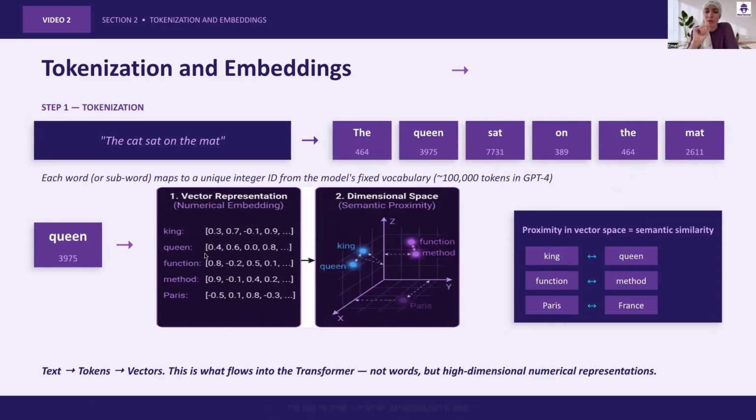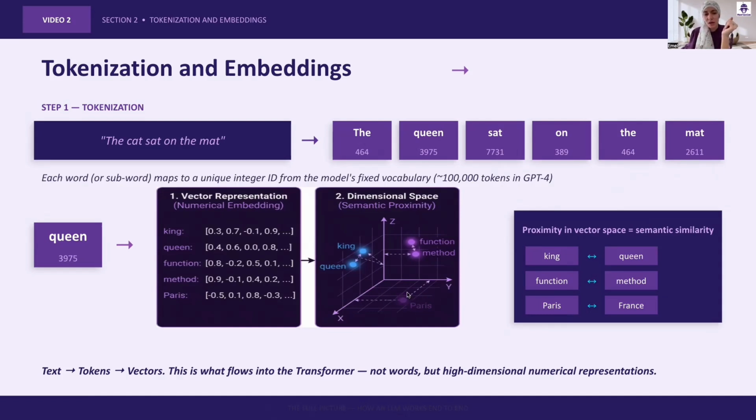You can think of an embedding as a coordinate in a very high dimensional space where tokens with similar meanings sit close together. For example, if we take king and queen, they have embeddings close to each other. Function and method in a coding context will be close. Semicolon or parenthesis will be somewhere very different.